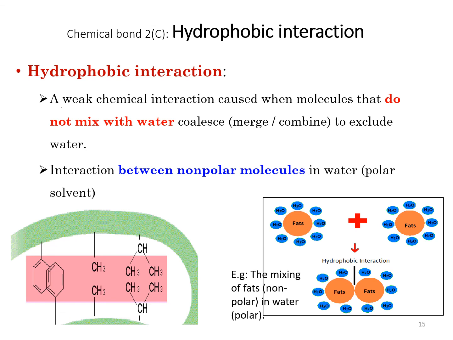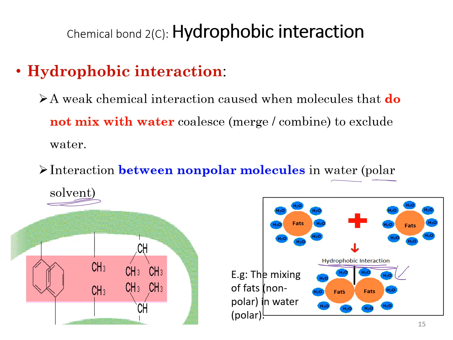It is an interaction between non-polar molecules in water, which is a polar solvent. For example, here you have fat molecules. As you know, fat will not mix with water, so fat molecules will attract each other to form hydrophobic interaction. The fat will exclude itself from water. It does not like water, and will not mix with water.